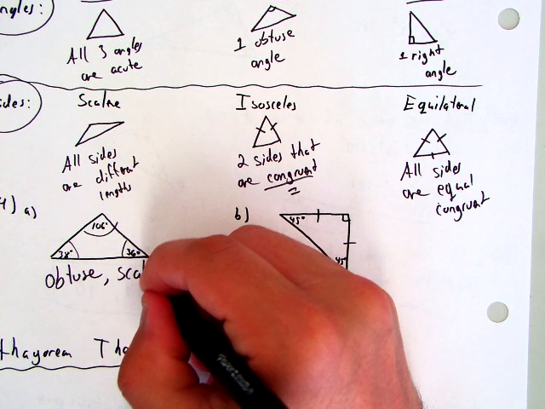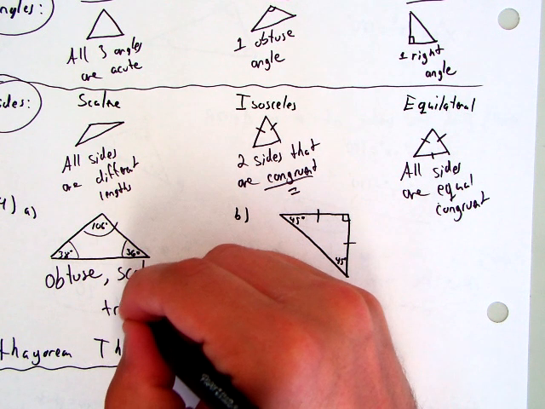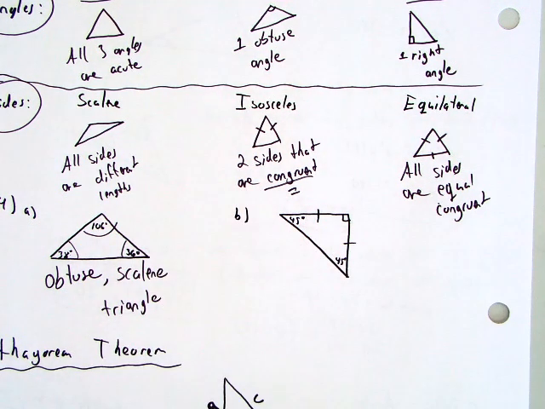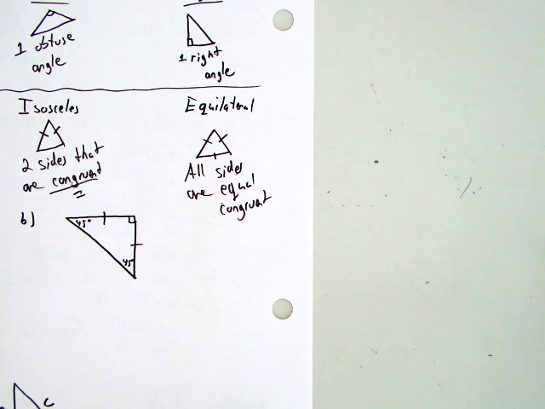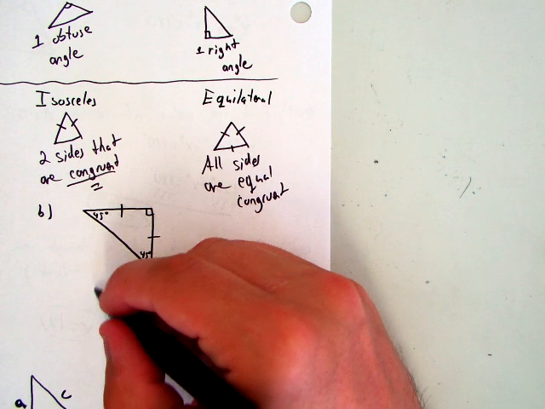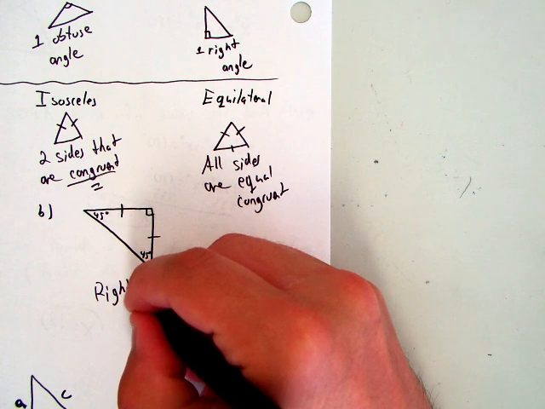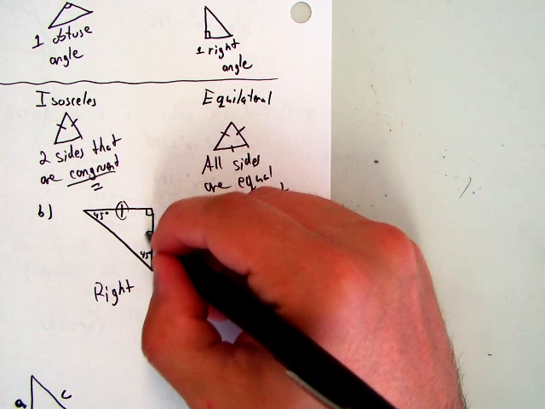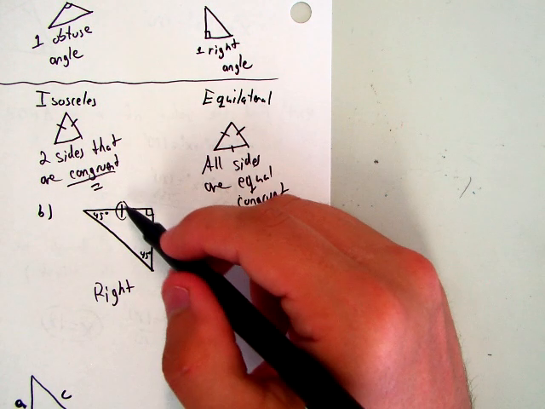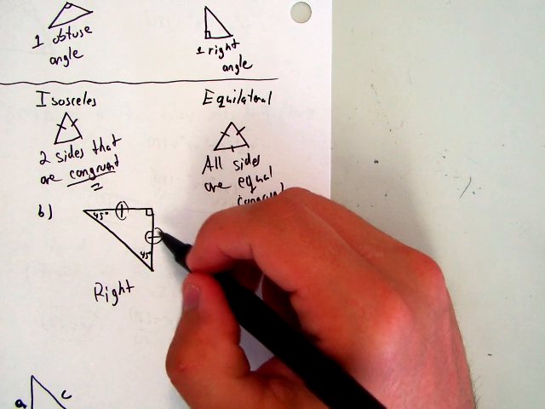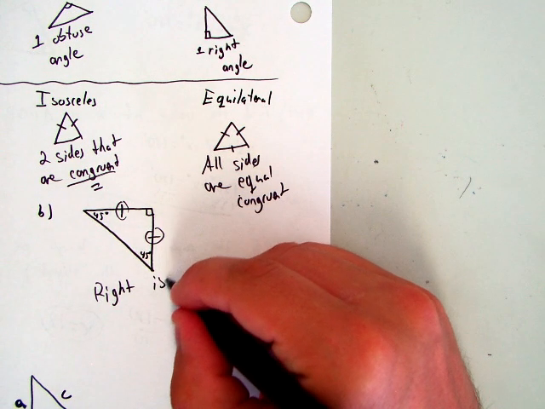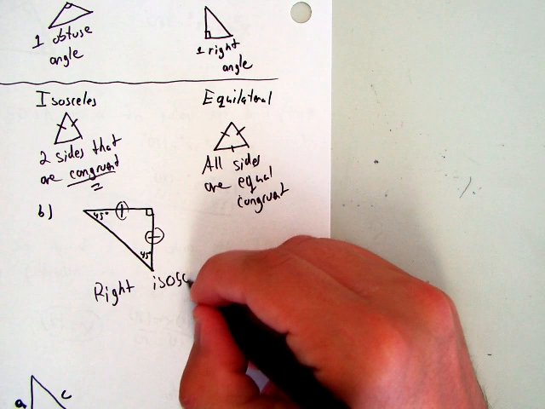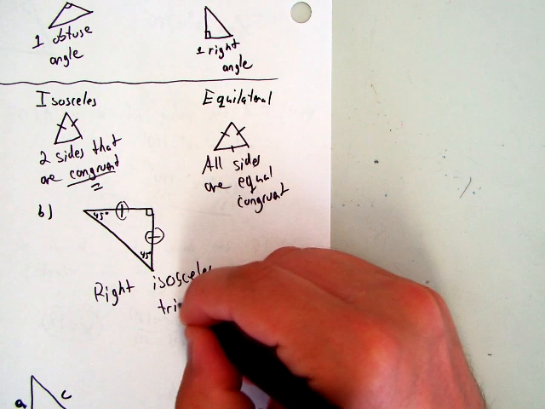So this would be an obtuse scaling triangle. And in letter B, it has a right angle, so this is a right triangle. These dash marks here mean that they are the same length, which means that this is a right isosceles triangle.